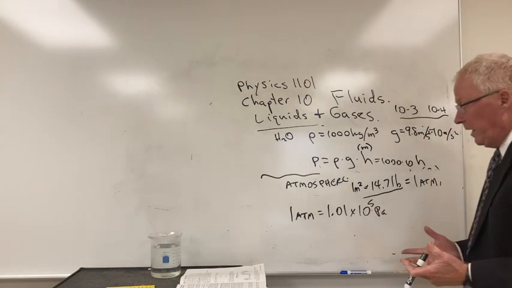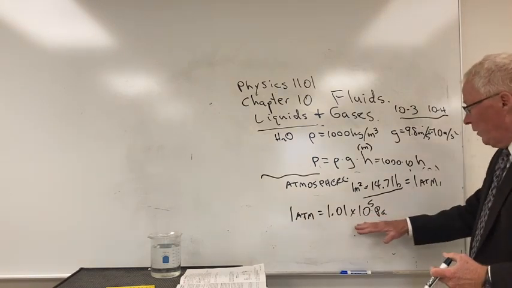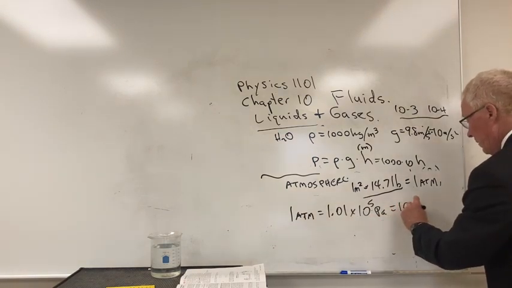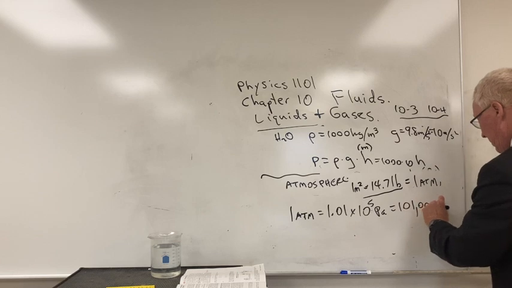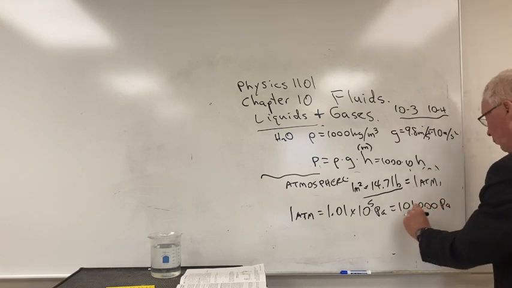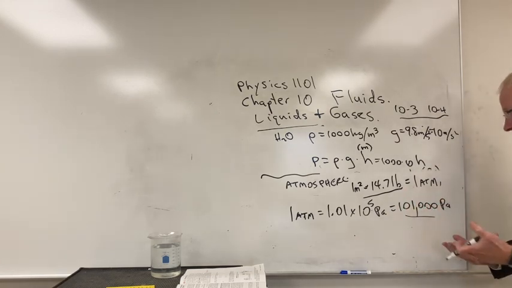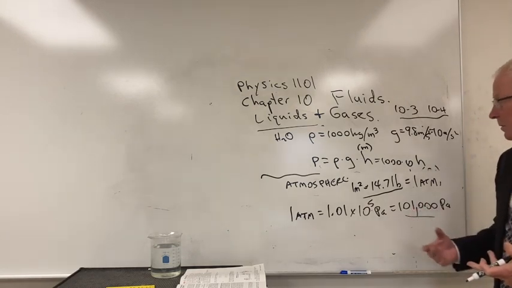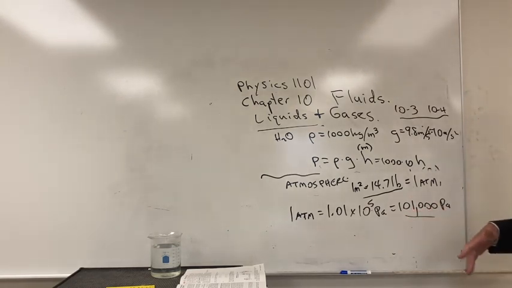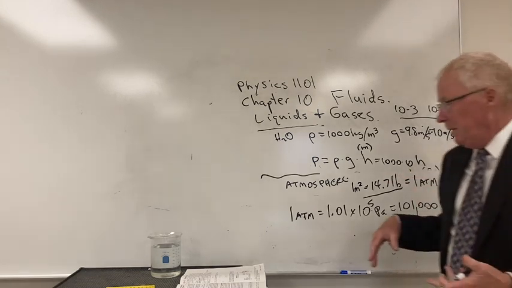That is 1 atmosphere. So 101,000 pascals. So roughly 100,000 pascals is 1 atmosphere of pressure. That's what it weighs there. All right, so back to the original problem here.